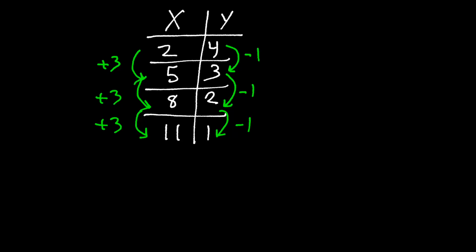and going from 2 to 1 by subtracting 1. And notice how all of my x's increased by the same amount, and all of my y's decreased by the same amount. Because these changes for the x's and the y's were the same, this is a linear function.